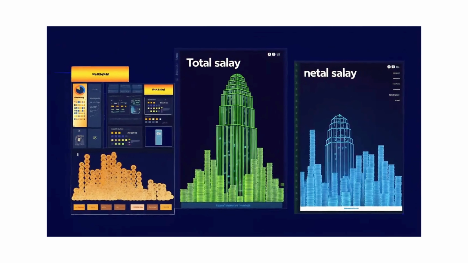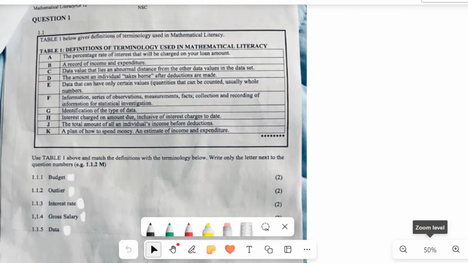Now, let's get started. In question 1.1, they say that table 1 below gives definitions of terminology used in mathematical literacy. So, the definitions on this table from A to K should be matched with what we are seeing in 1.1.1 to 1.1.5.